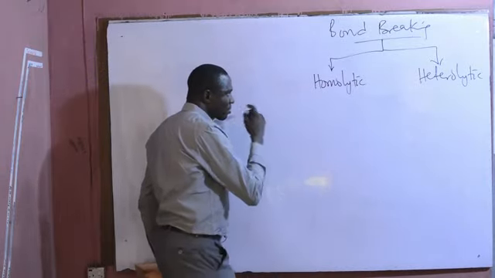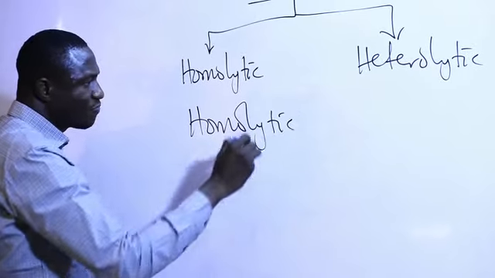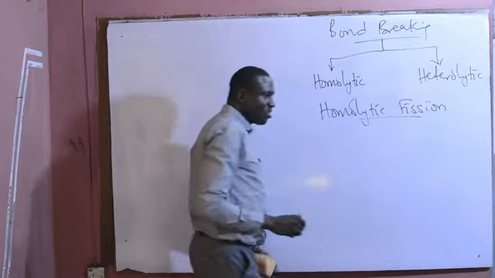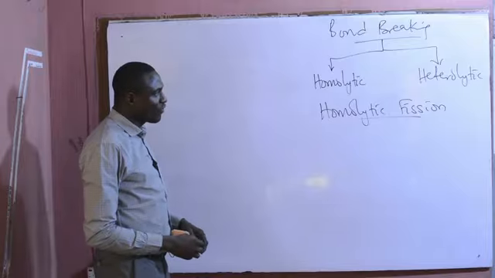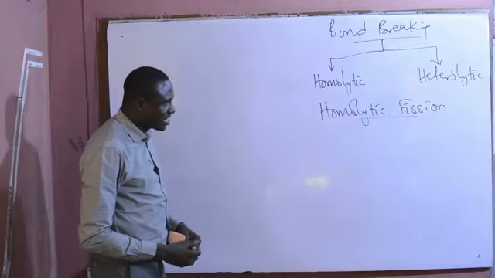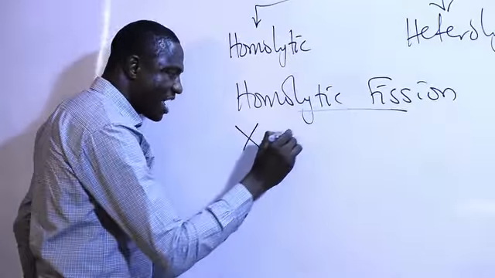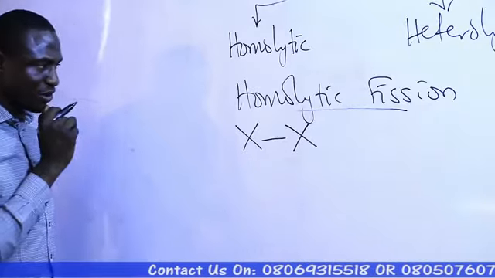Now, homolytic bond fission is the breaking of bond between two atoms or group of atoms of the same or similar electronegativity values to form free radicals. Take for instance, when you have atoms X or group of atoms X combining together with a single covalent bond.